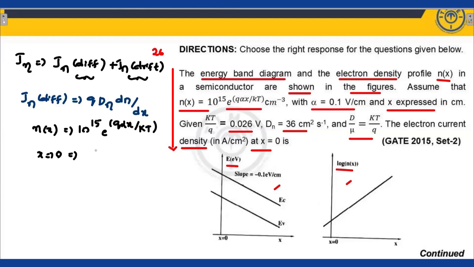If I am substituting x equal to 0, then n of 0 is equal to 10 power 15.